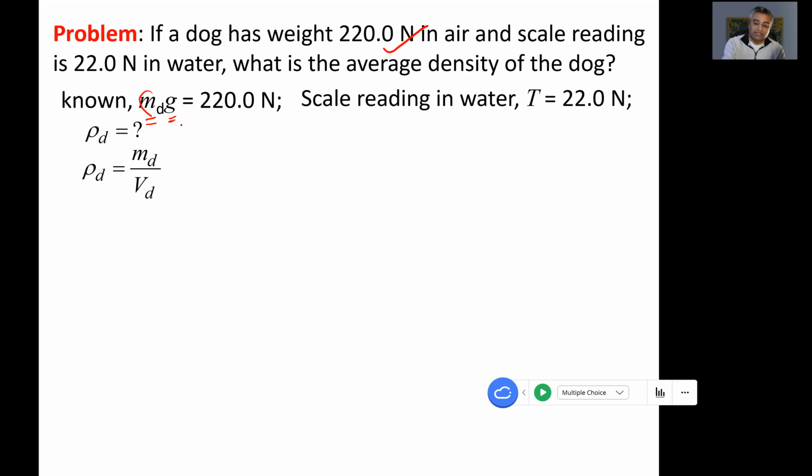Mass of the dog we can find from here. So now we need to somehow find the volume of the dog, and that's going to be equal to the volume of the water displaced by the dog when it's inside. And that volume of fluid displaced is related to buoyant force. And that buoyant force is the difference between those two weights.